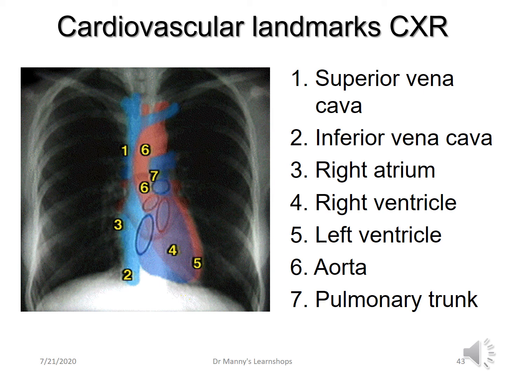The right atrium combines both vena cavas. This is the right atrium, number 3. The right ventricle is seen as number 4. The left ventricle is seen as number 5 because under a normal circumstance or a normal image, the left ventricle is posterior. The aorta, number 6, leaving the heart, left ventricle, and the pulmonary trunk, number 7.